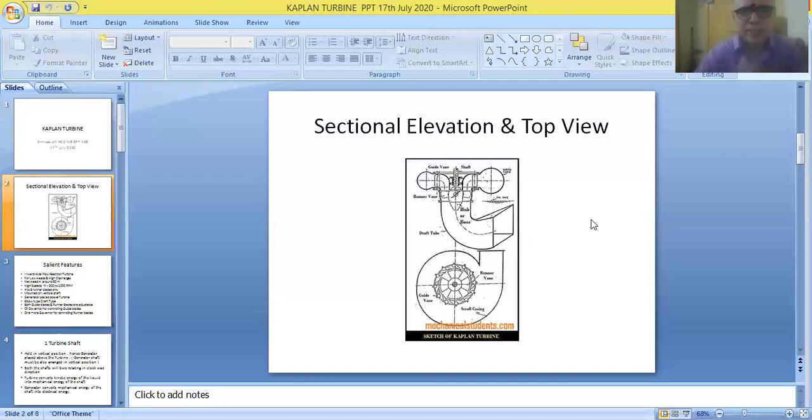So friends, this is the arrangement of a draft tube, elbow type draft tube, very much required for operating the KAPLAN turbine.